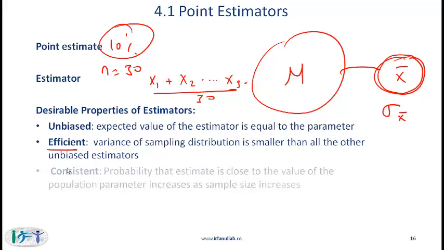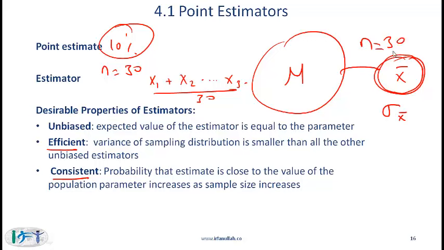And finally, the estimator must be consistent, which means that the probability that the estimate is close to the value of the population parameter increases as the sample size increases. So initially, if you took n is equal to 30 and then you increase the sample size to 50, the probability that x bar is closer to mu should increase with a larger sample size. If that is happening, then we say that the estimator is consistent.